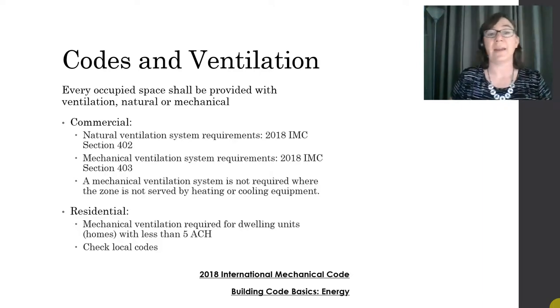And so in general, mechanical ventilation is required. Also check your local codes. I'm here in California, and California does not have this 5 air changes per hour rule. It simply says that all homes shall have mechanical ventilation systems.